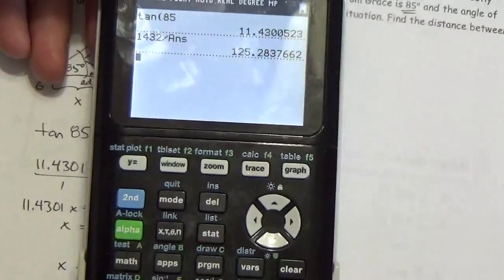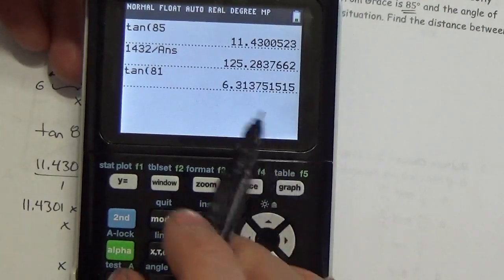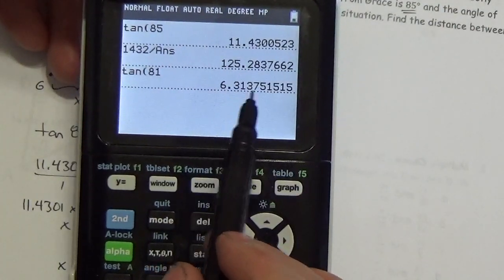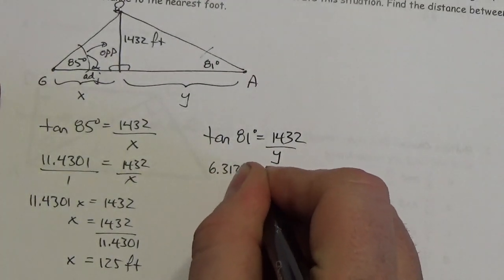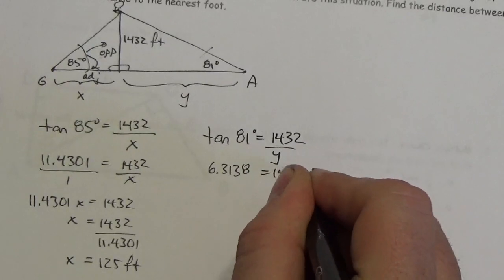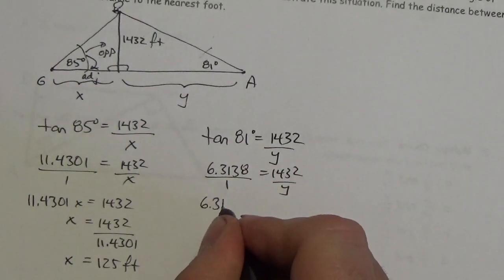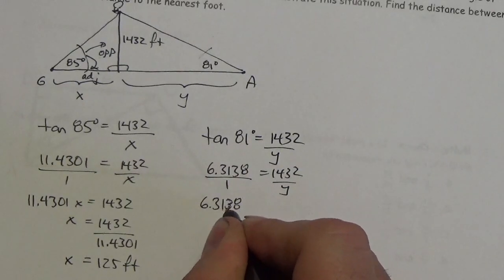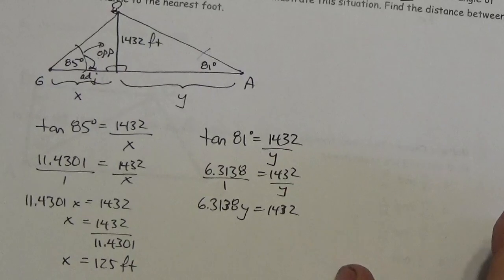First, though, I'm going to go into my calculator. I'm going to take the tangent of 81. So 6.3138 equals 1432 over y. Put that over 1. And we cross multiply. And then we divide.